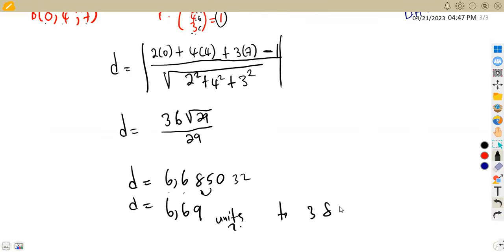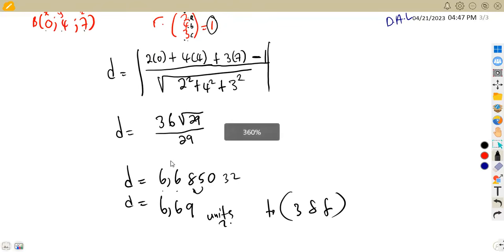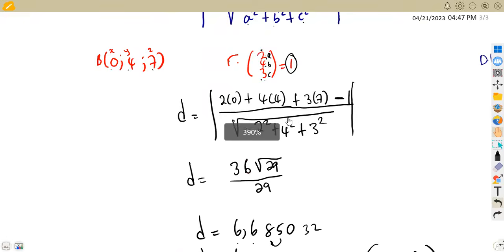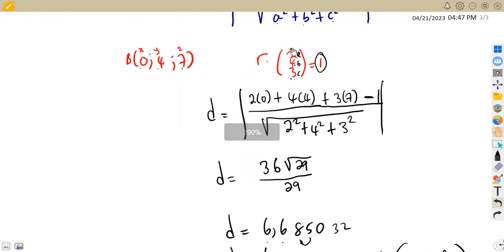So if you are dealing with the perpendicular distance from a point to a plane, you need the formula based on the format that you are given, especially on the plane, because it is the one that most affects us.